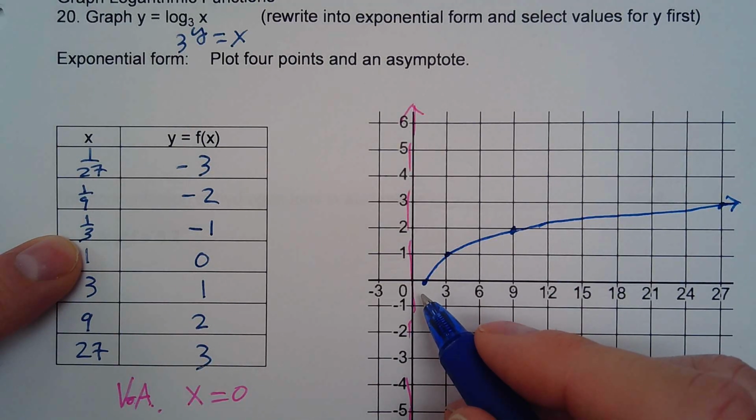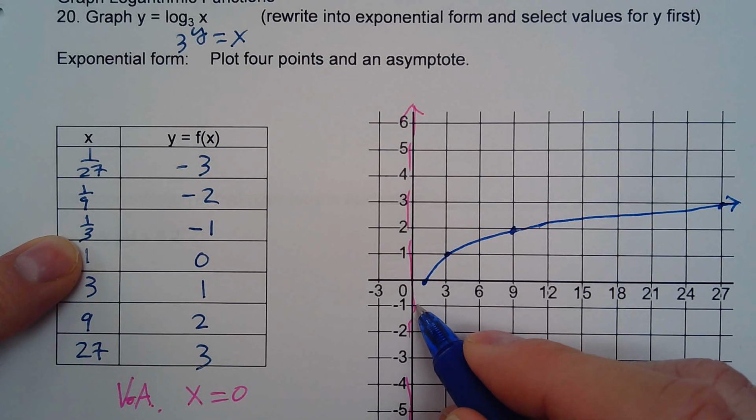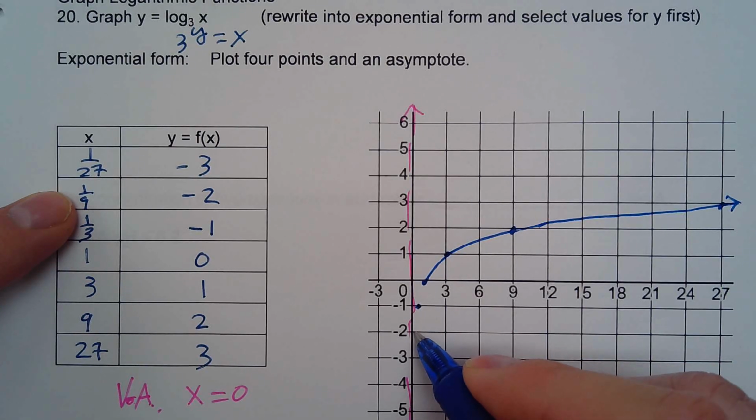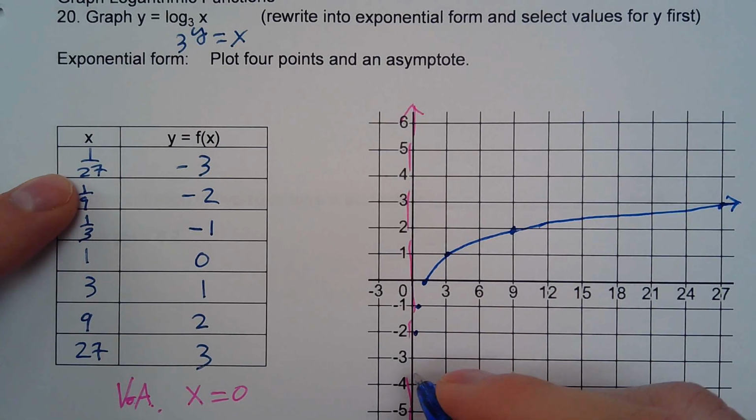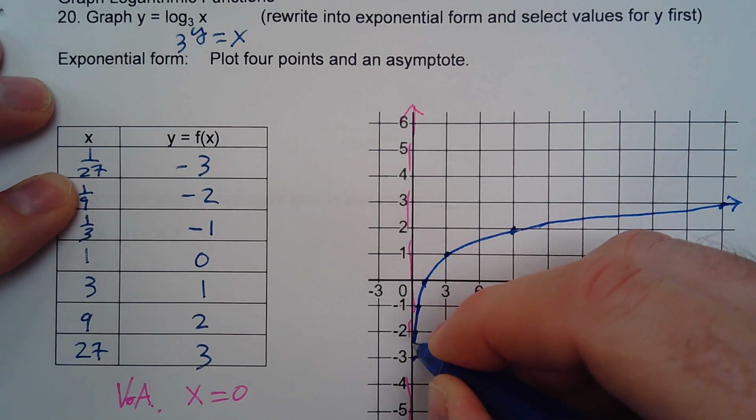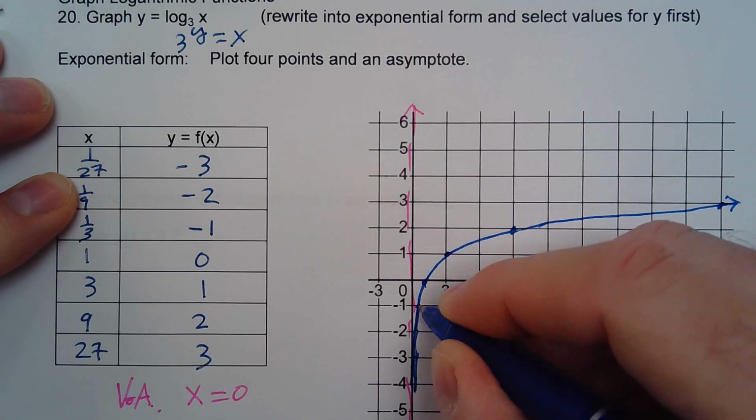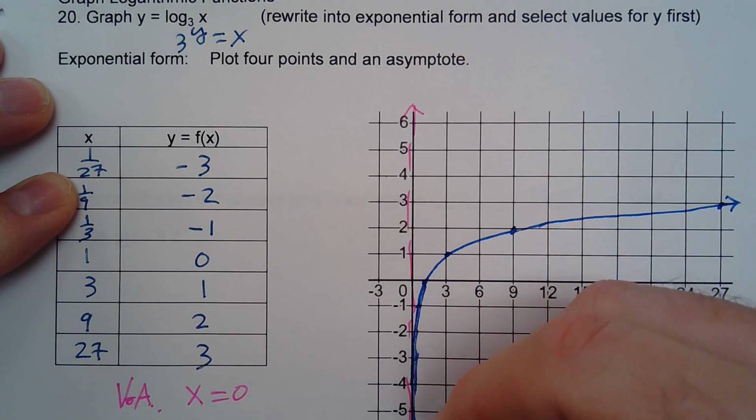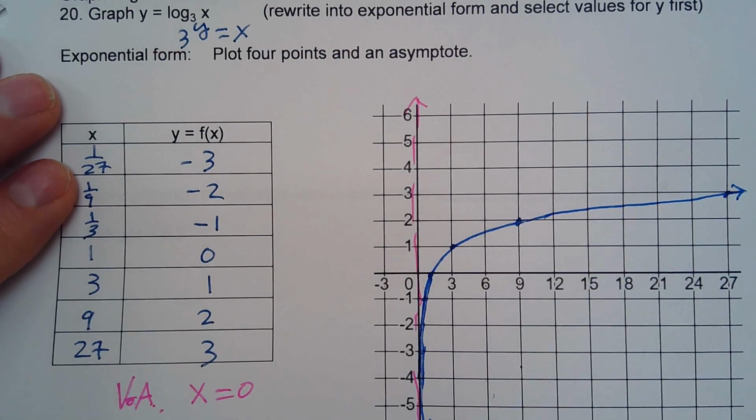So this is (1/3, -1), (1/9, -2), (1/27, -3). So it gets really close to this axis. So my graph's going to look like that.